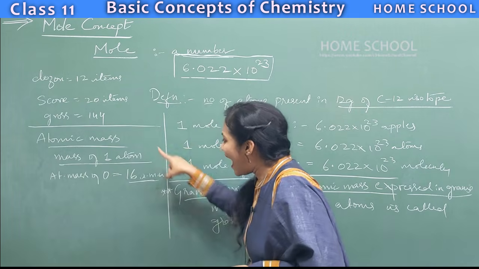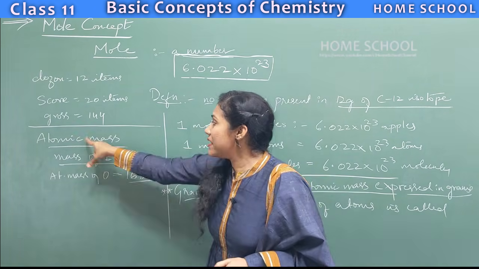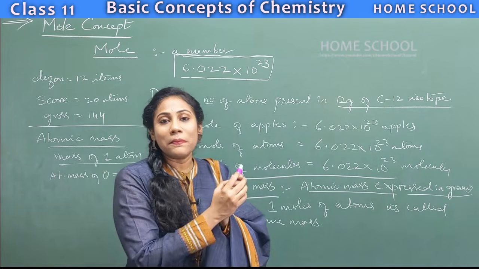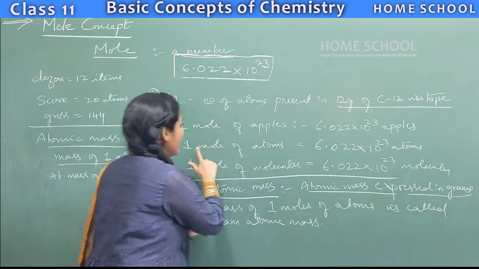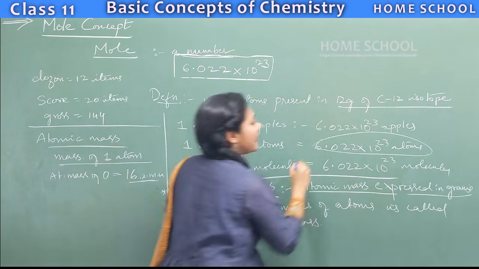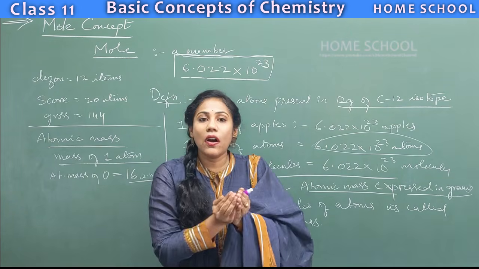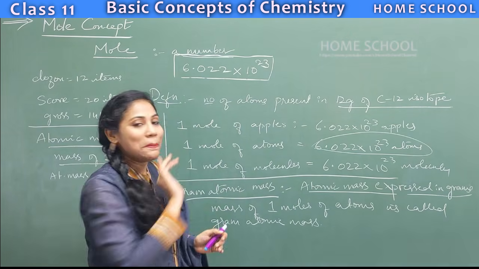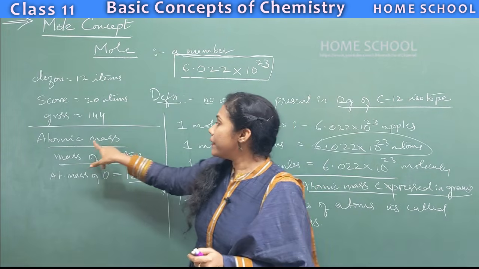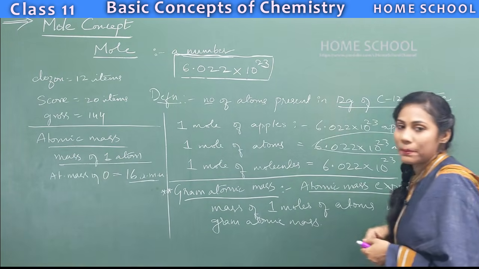Mass of one atom is just atomic mass. But the mass of 1 mole of atoms, so what do you mean by 1 mole of atoms? 1 mole of atoms means this many atoms. So the mass of these many atoms is called gram atomic mass. You must clearly understand the difference between atomic mass and gram atomic mass.